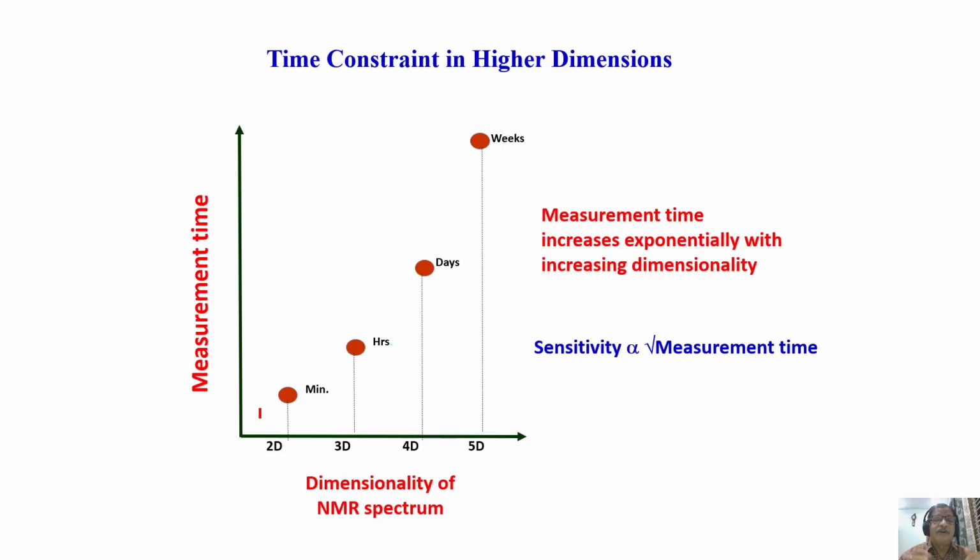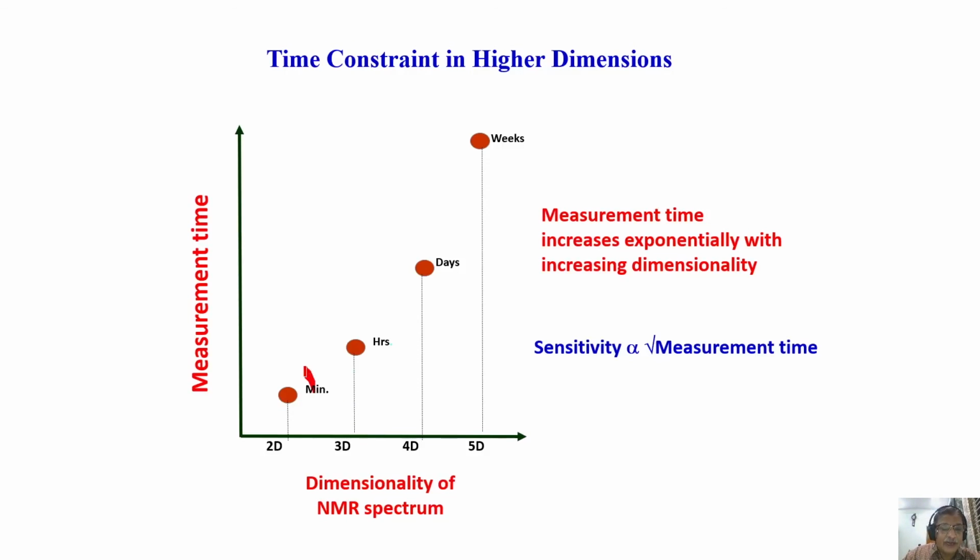In fact, 1D NMR you can do in a fraction of a minute now. In less than a minute you can get a spectrum because sensitivity is much better in the present day spectrometer.